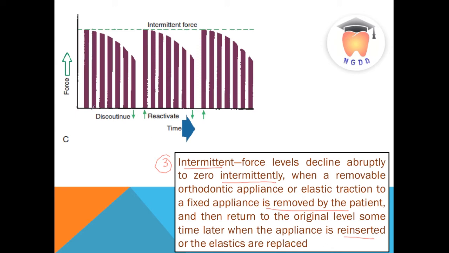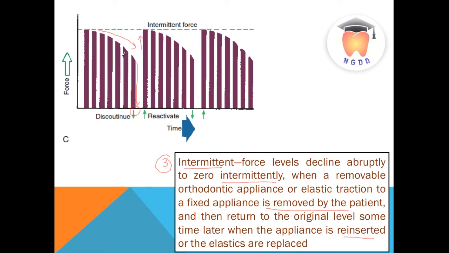In this diagram the patient is using elastics or a removable appliance and the force levels are gradually decreasing. When the patient removes the appliance it suddenly becomes zero, and when the patient reinserts it, the force increases again.